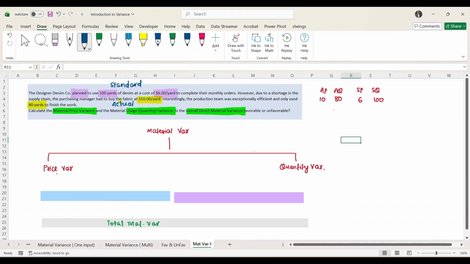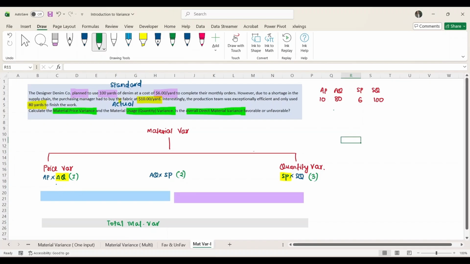Now let's put here the price variance. This is actual price into actual quantity. This part is SP into SQ, and we'll take these two sides and make another point here, which is AQ multiplied by SP. And if we give some tags here, this is 1, this is 2, 3 here.